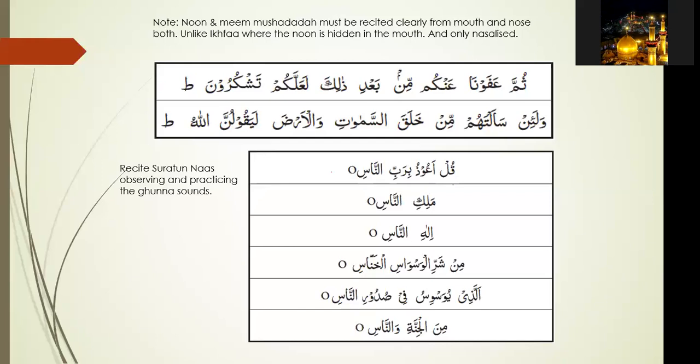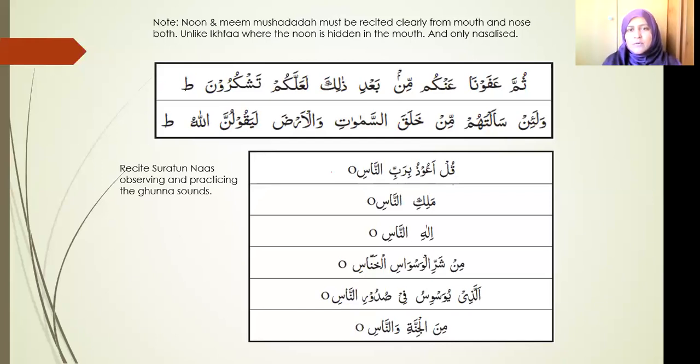The ghunna was applied correctly on all the Noon Shaddas. Just on line number 4, من شر. So you had to apply إخفاء on that Noon Sakina. من شر الوسواس الخناس. You'd like to recite line number 4 again?